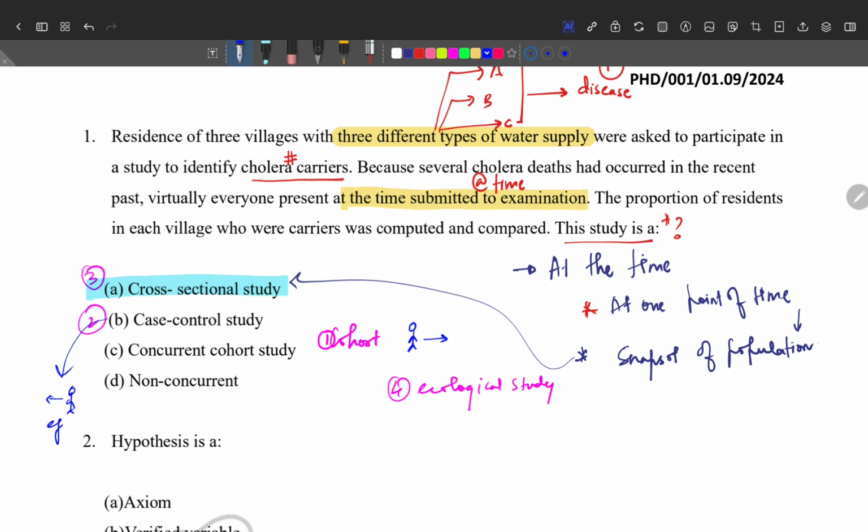You go from effect to cause, whereas in cohort you go from cause to effect. Next is a cross-sectional study, which we saw. It's a kind of at-a-point-of-time study or a snapshot of the population, and ecological study is called a correlational study.